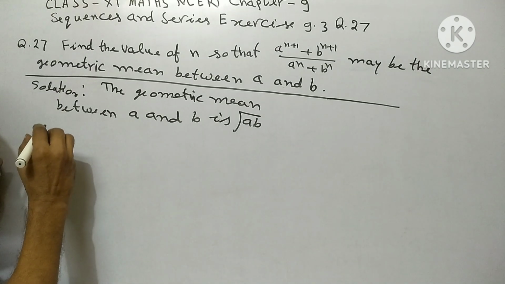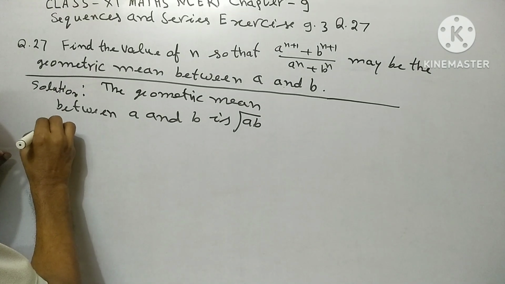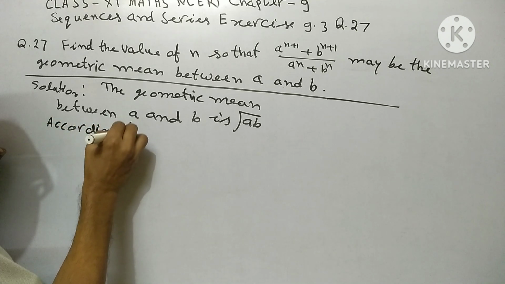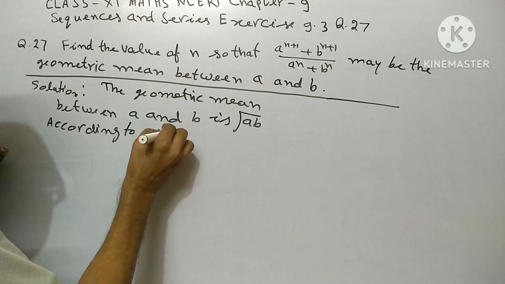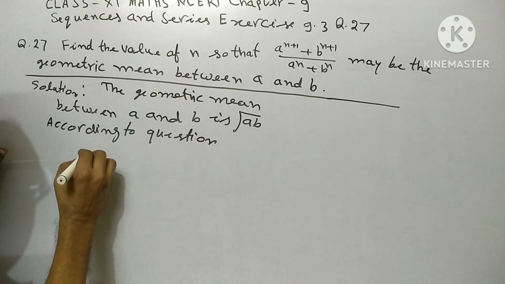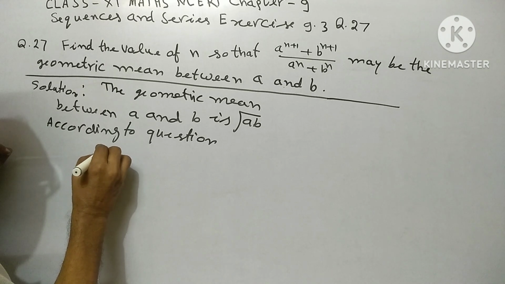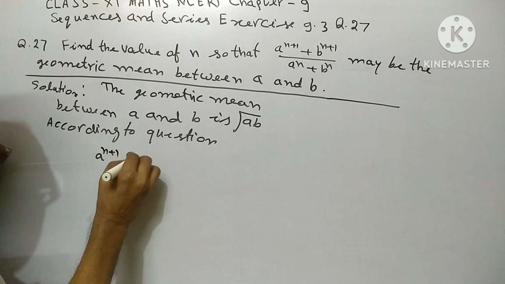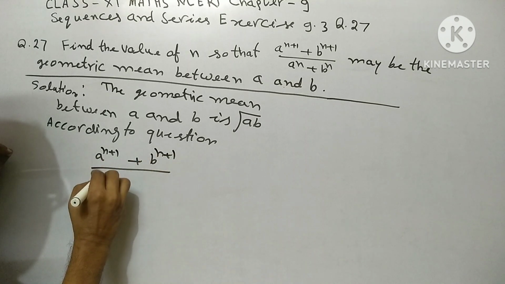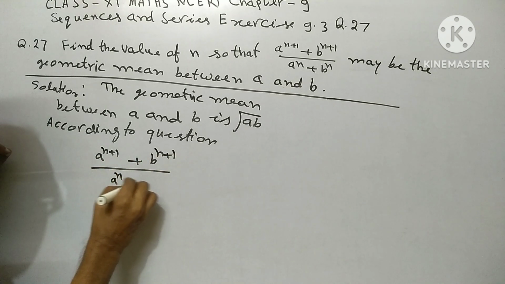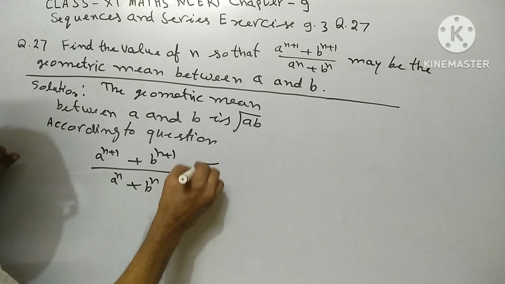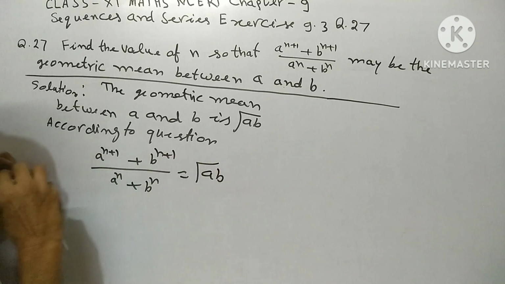Now according to the question, (a^(n+1) + b^(n+1)) / (a^n + b^n) = under root ab.